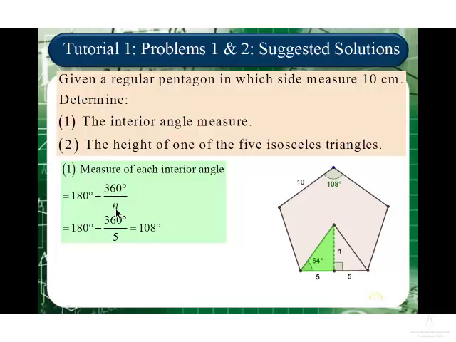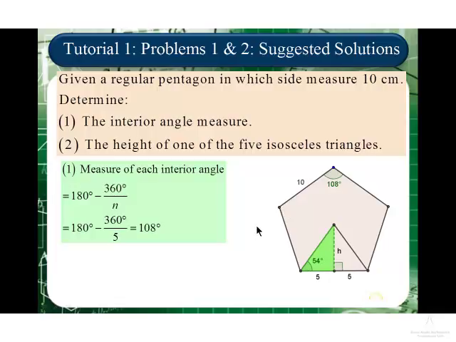Pentagon means 5 equal side lengths. If we substitute n equal to 5, we have that the measure of the interior angle is 108 degrees, as indicated. This is the angle, of course, that is associated with each vertex of the regular pentagon.